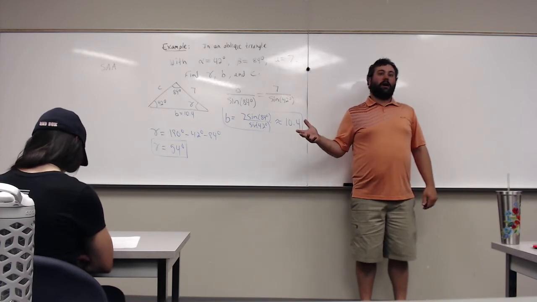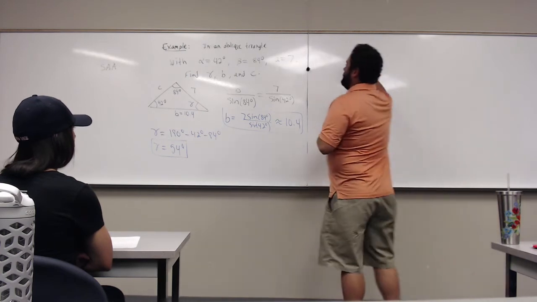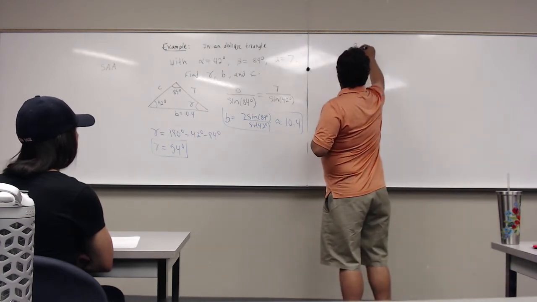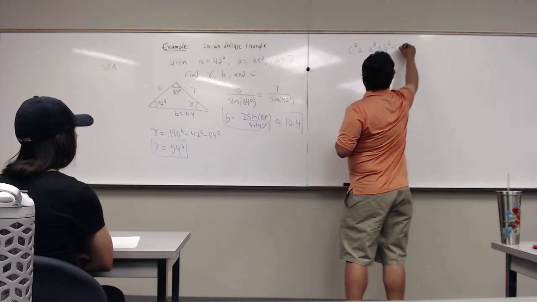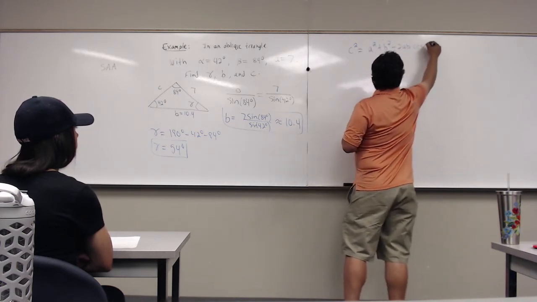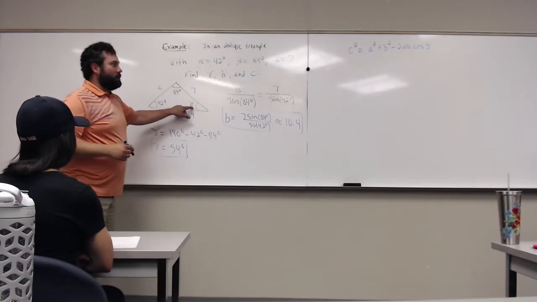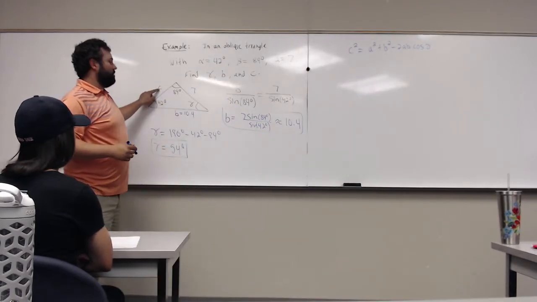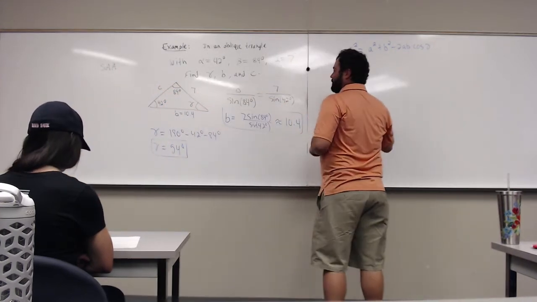Otherwise, I always use law of sines because it's easier to solve for. But notice, if you write down the formula for solving for C for law of cosines, C squared is A squared plus B squared minus 2AB cosine of the angle opposite C. So if you don't know gamma, there's no way of using that to find C. Either way, I'm going to stick with law of sines.